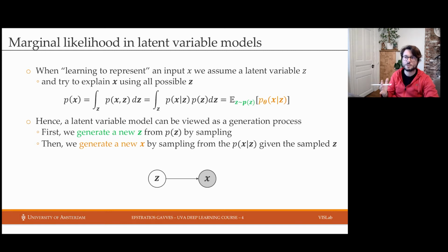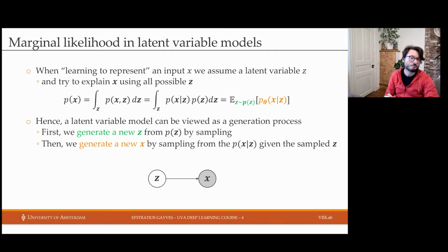And in a way, you could also say that if we would have these latent features Z, we could reconstruct or generate back our image X. So with latent variables, we can explain our observations.